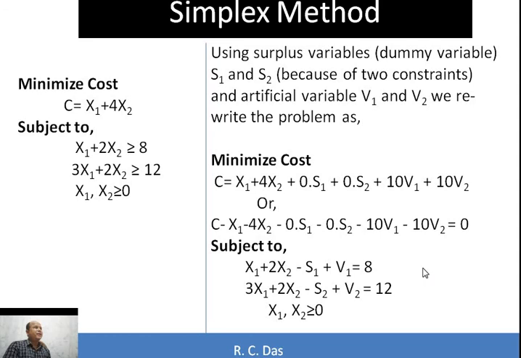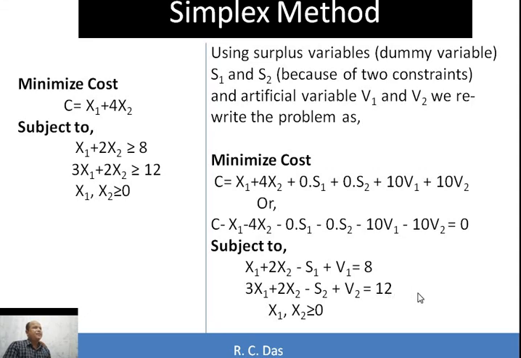Similarly, in the second constraint, we deduct the surplus variable s2 and we add the artificial variable v2. So it becomes thrice x1 plus twice x2 minus s2 plus v2 equal to 12.